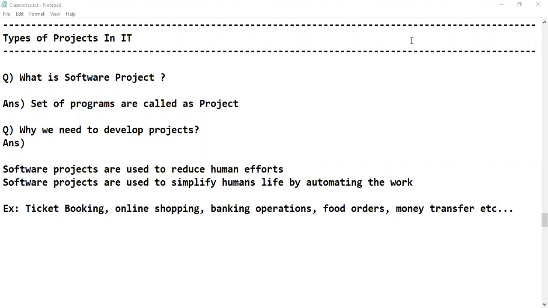These software projects are reducing human efforts, and software projects are simplifying humans' life. Some of the best examples we can see: online ticket bookings, online shoppings, banking operations, food orders, money transfers, etc. So many things are automated.